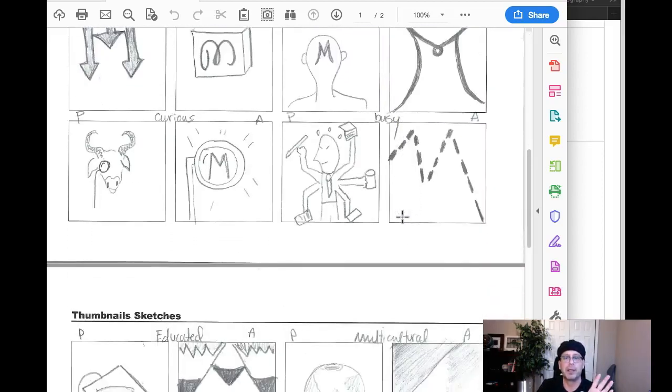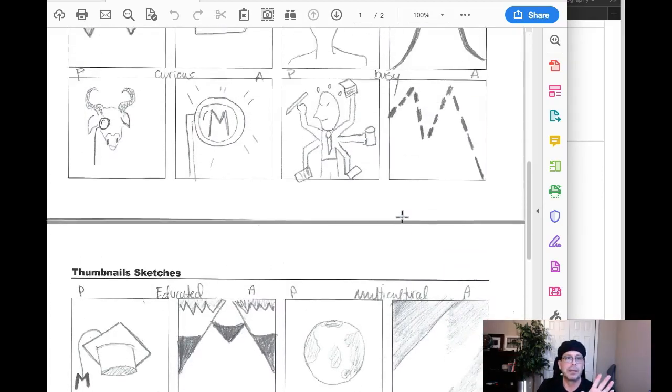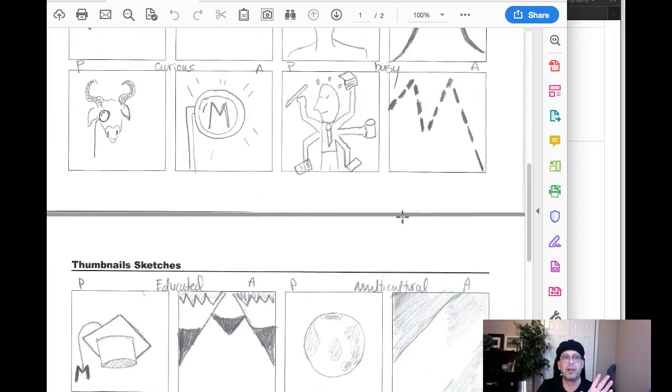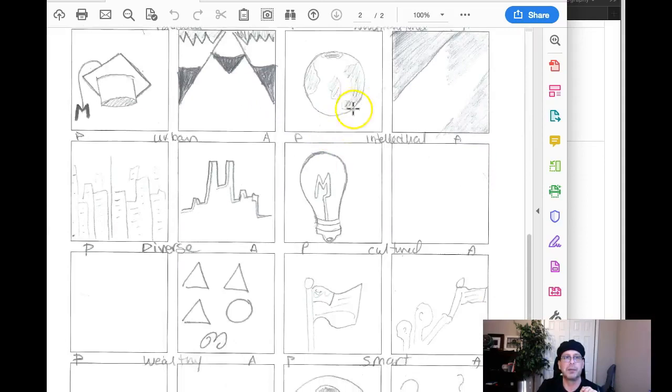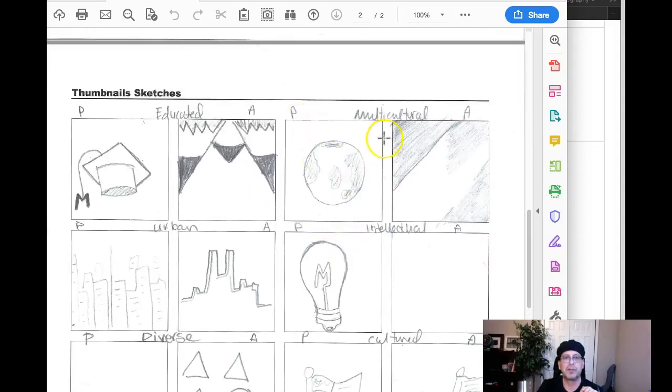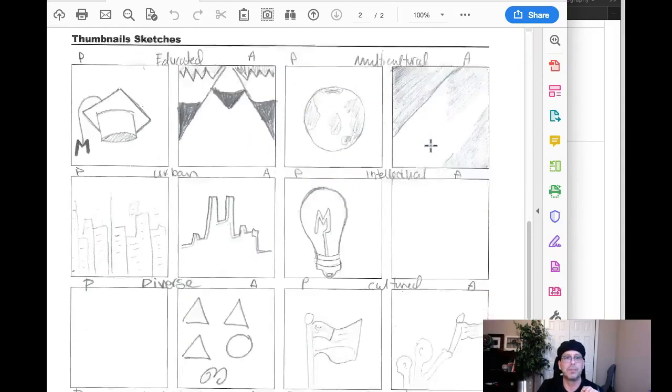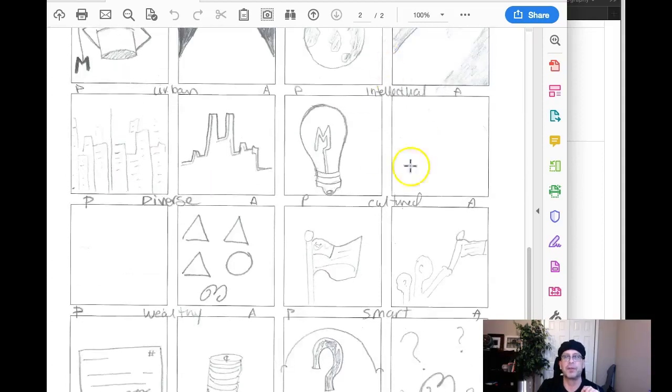Now we come down here, and some of these are just so very, very interesting. Then we see your thumbnail sketches for the continuation. Oh, so here's the ones that you're looking for. It looks like you have intellectual, abstract for intellectual. So let's take what we have here already.